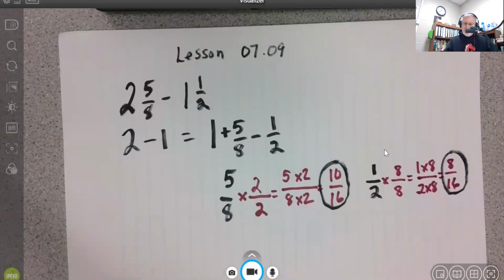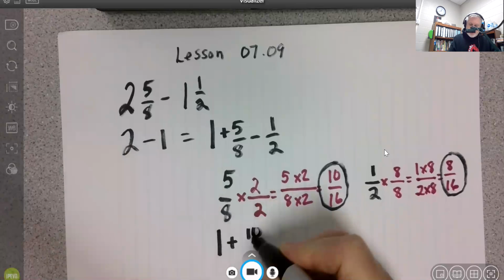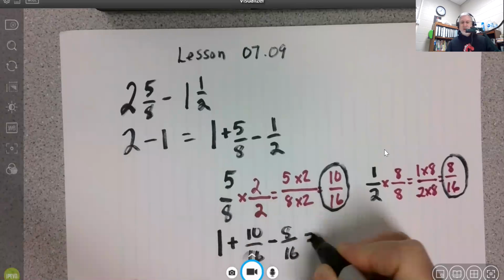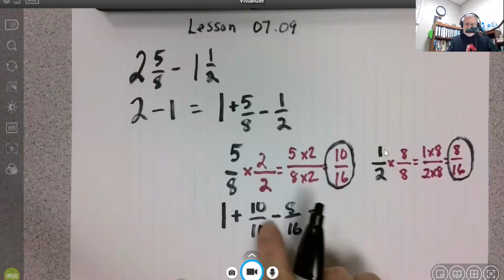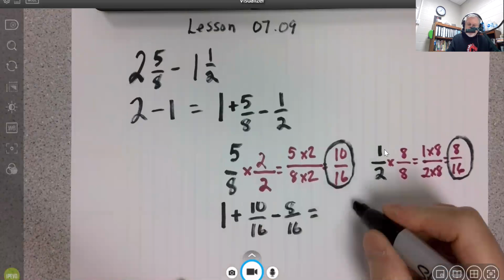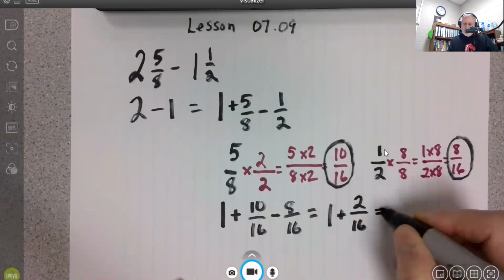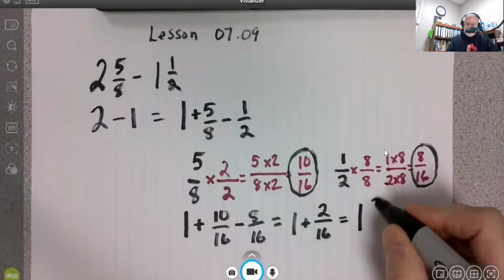So now I can go back to my original equation and plug those new fractions in. I still have my 1 plus 10/16 minus 8/16. Okay, so I know that 10/16 minus 8/16 equals 2/16, but I still have my 1, and I just add my 1 to 2/16, and I get 1 and 2/16.